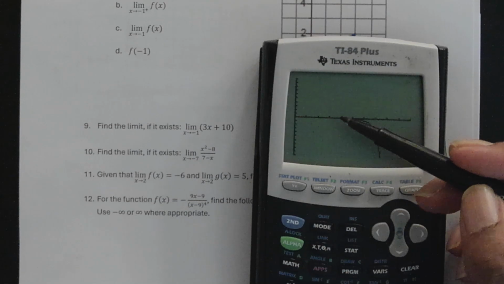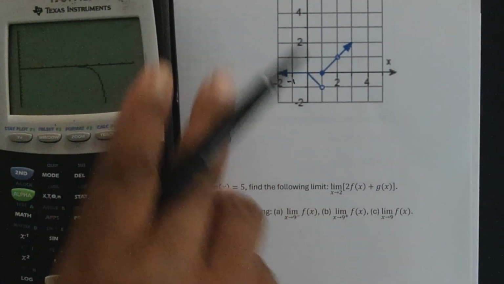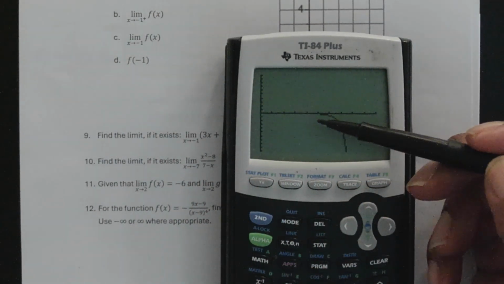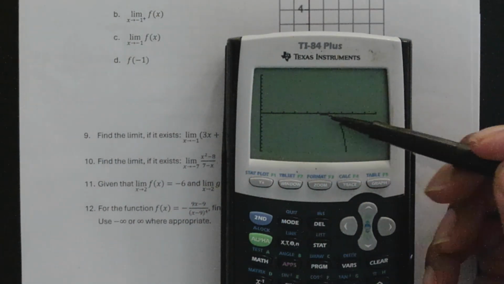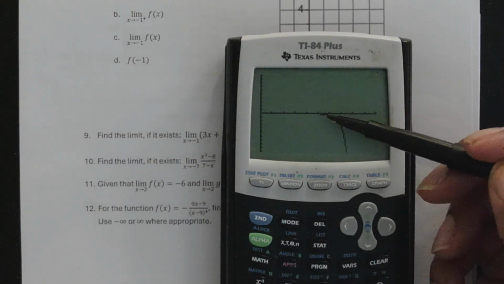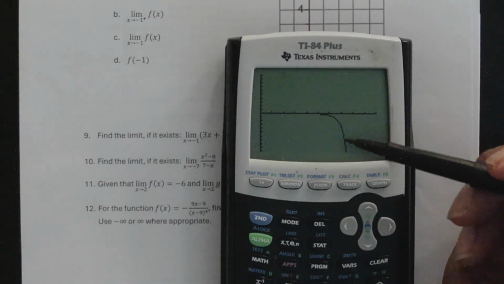If I let x approach 9 from the left, 4, 5, 6, 7, 8. Here's 9 from the left. Where do you think this is going off to?